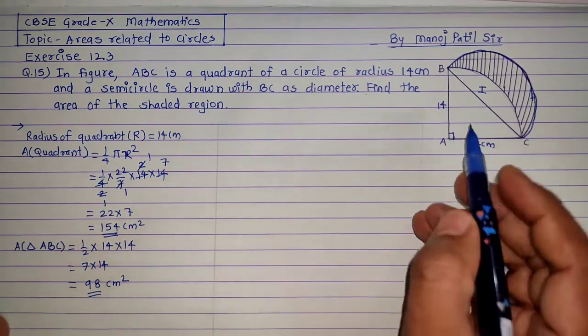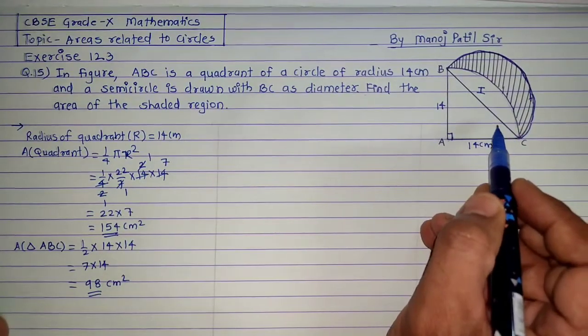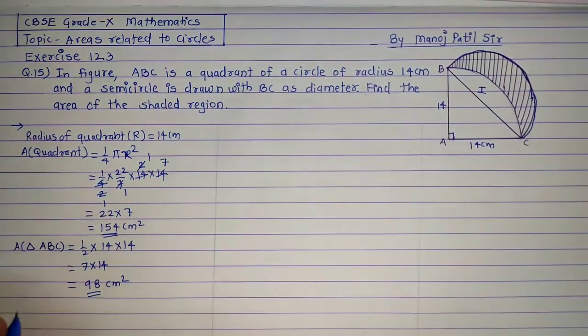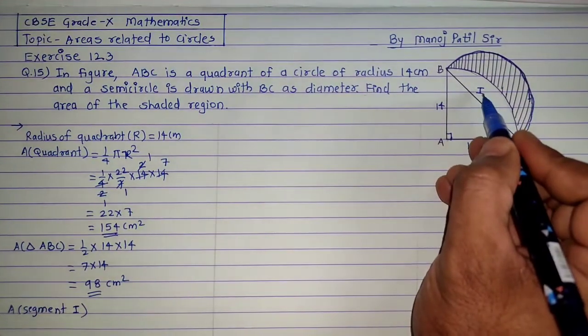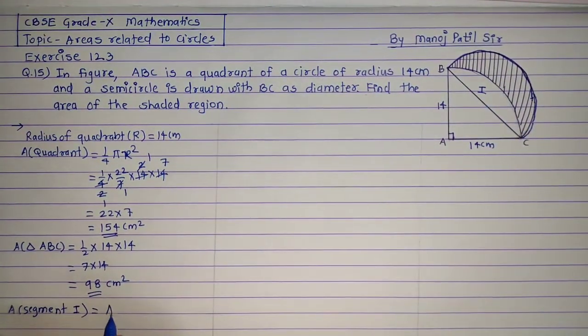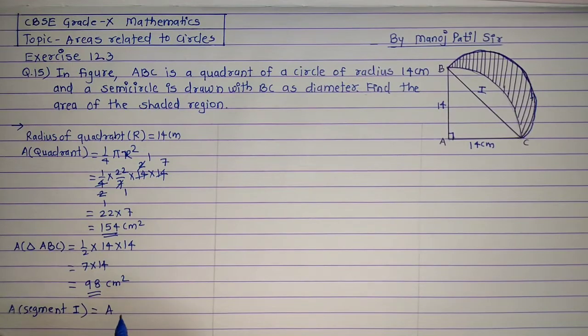Now we want to find area of segment. So how to find area of segment? Here region 1 we have mentioned. So area of segment is equal to area of quadrant minus area of triangle ABC.